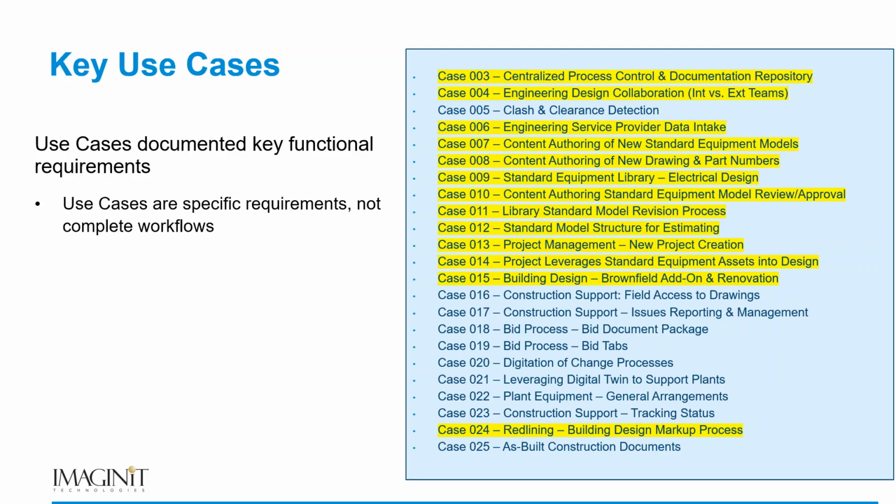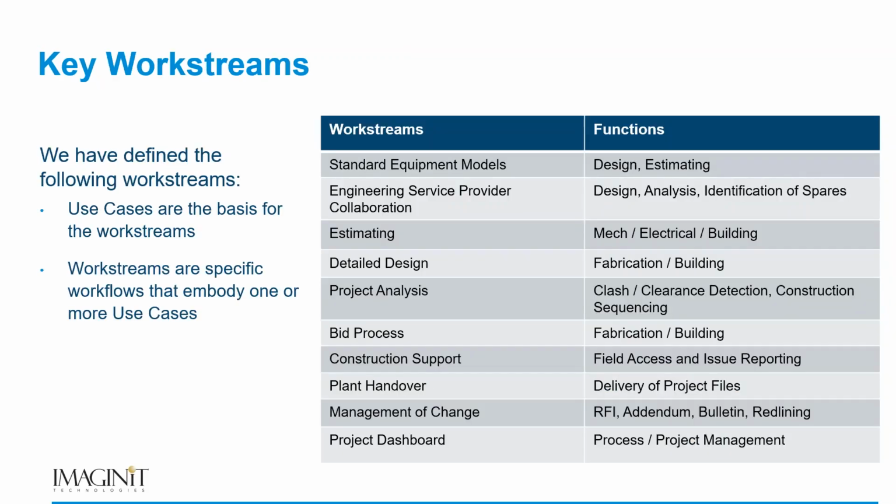A mistake can be very costly, and time is very costly as well. So we try to shorten the time of a project and then shorten those costs through really good visibility and information. These use cases get rolled up into work streams, actual processes. So I'll move to that next.